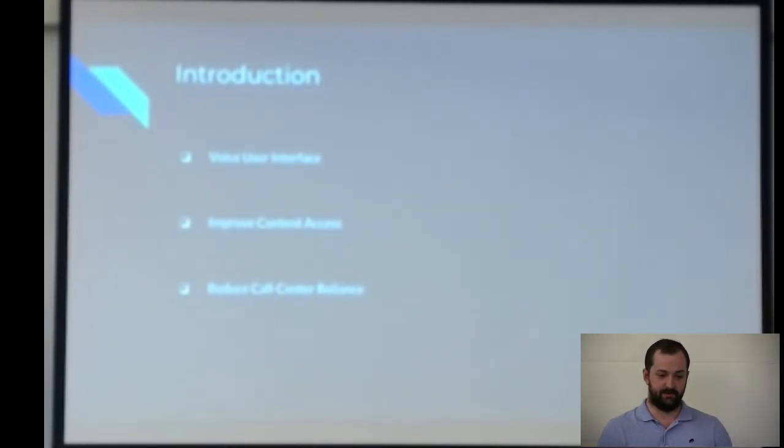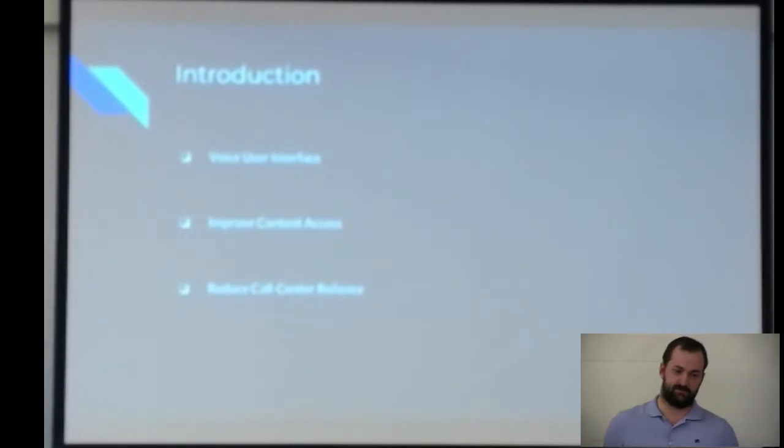And if you were to split that functionality into two parts, one of which would be improving content access. That content access is mostly news-based, but we want that content to be available to users in a very natural and spontaneous way when they're speaking with the Alexa skill.